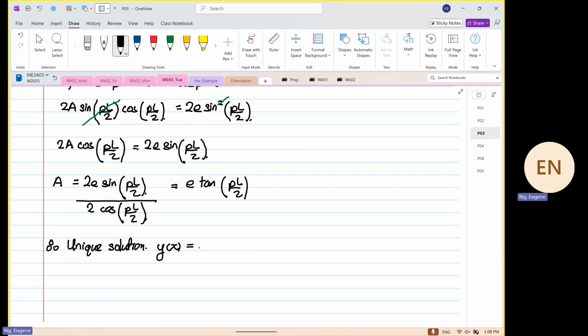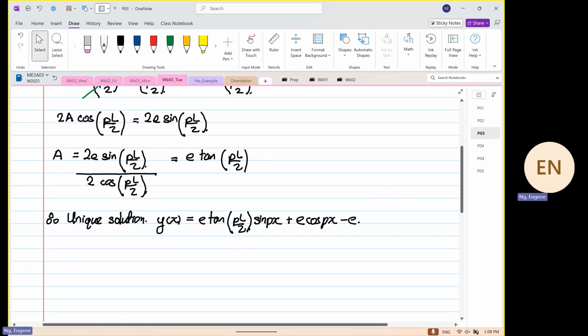This will be equal to E tangent, right? P/2. And then we have sine px. And then we have plus E cos px. And then finally, we have minus E.